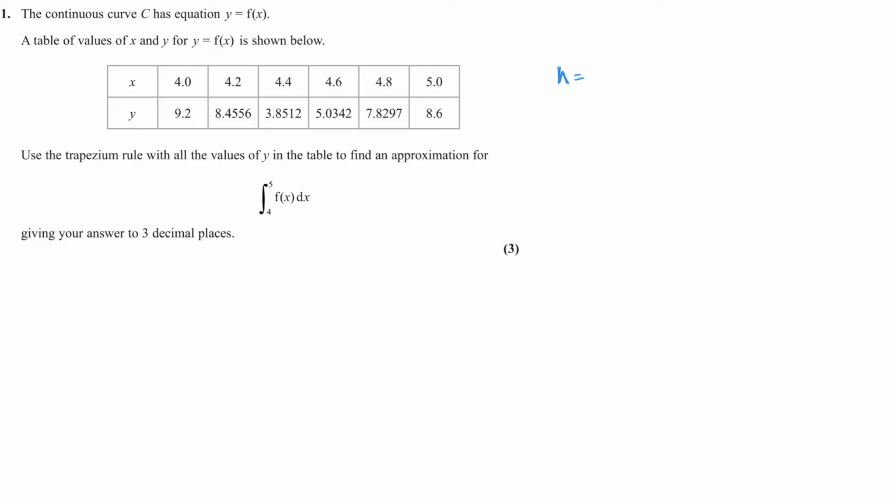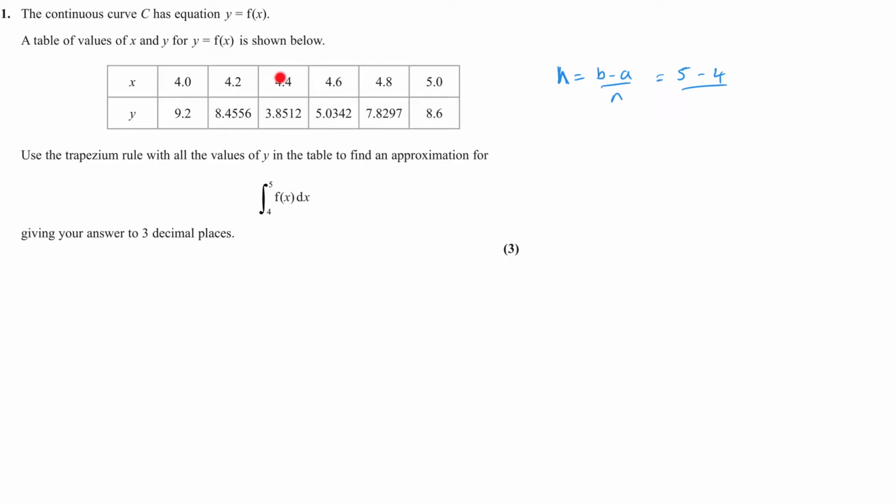So that's b minus a over n. So b and a, 5 minus 4 over n, where n is the number of strips.